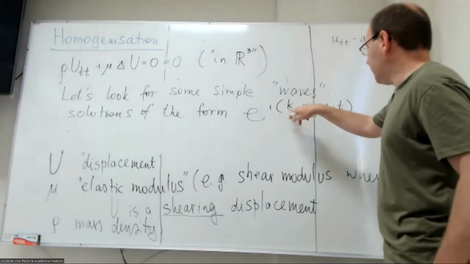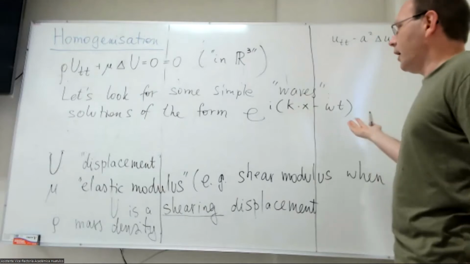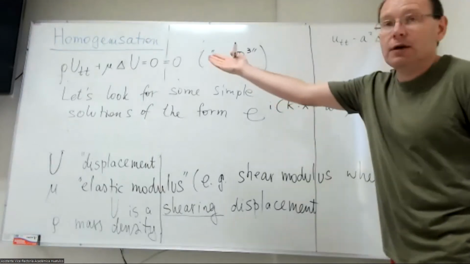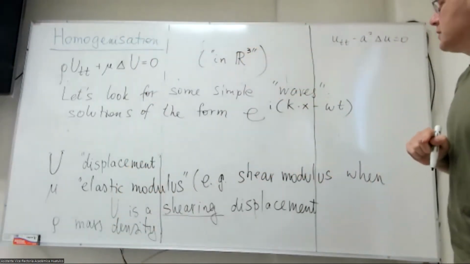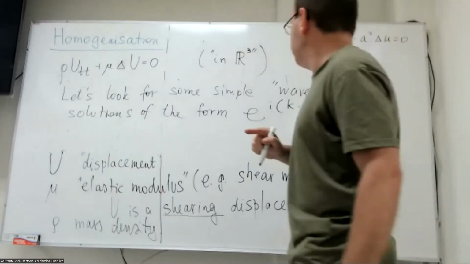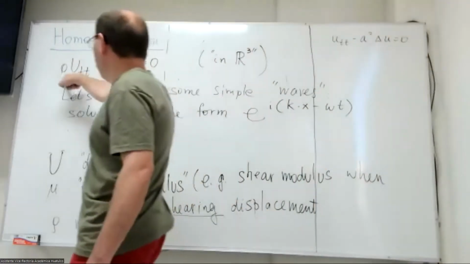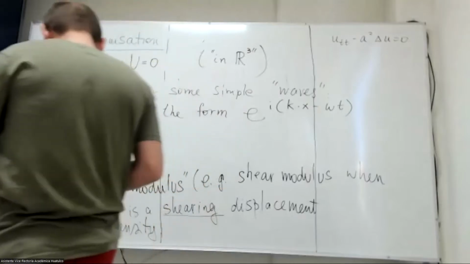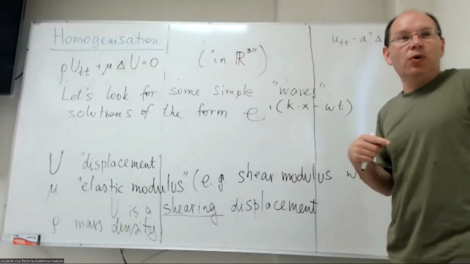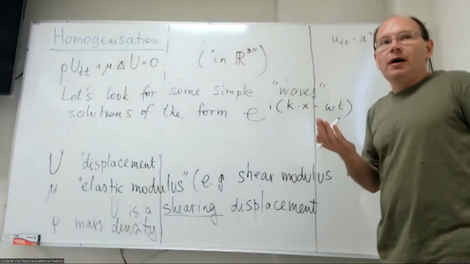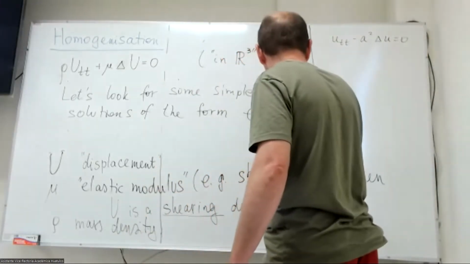Here k is a constant vector and omega is a constant, and I'll try to see whether this equation admits solutions like this under some k and omega that are related to rho and mu somehow. Actually, if I plot this, it will look like what I would like to call a plane wave. So this is a so-called plane wave.